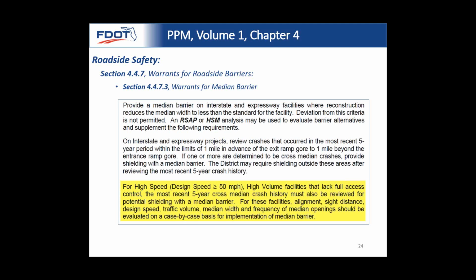There's a lot more elements that could happen on a non-limited access facility that might make you reevaluate whether you would put a median barrier there or not. So we have a policy, it's just not very prescriptive. So we want to make sure people understand that you have to start evaluating it, even on non-limited access facilities, but you've got to take into consideration all the elements that might occur within that non-limited access type of corridor.